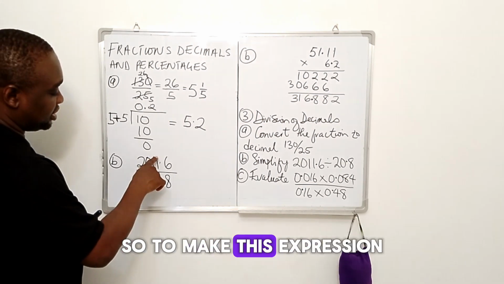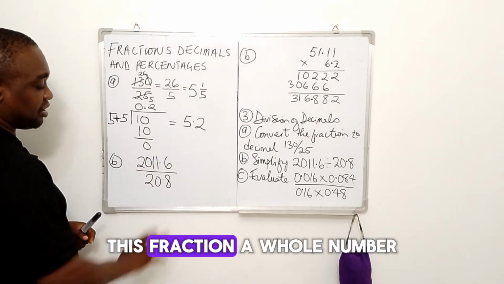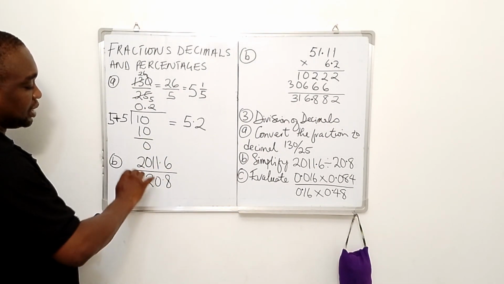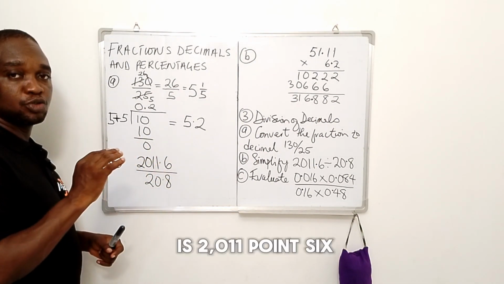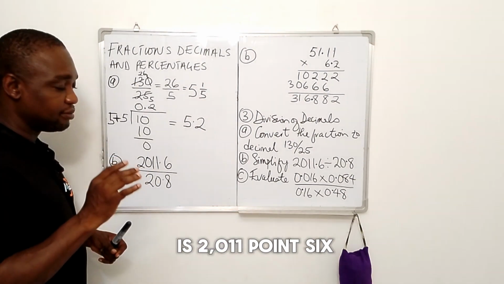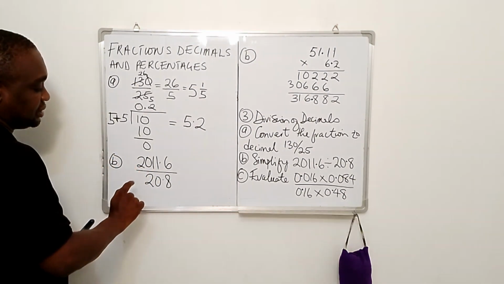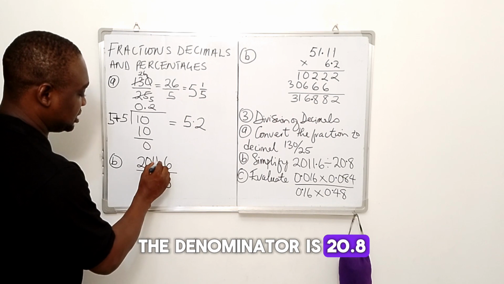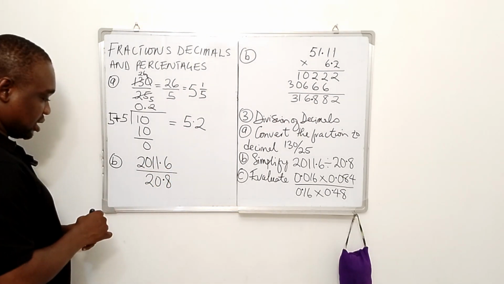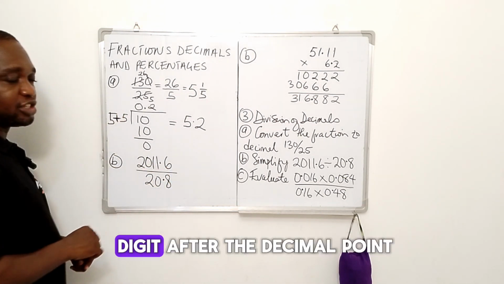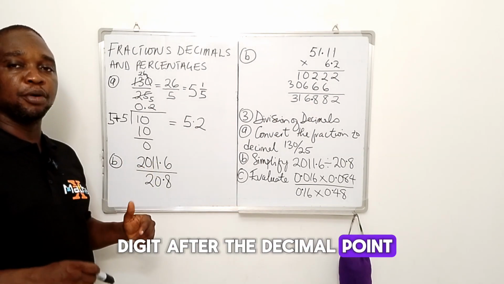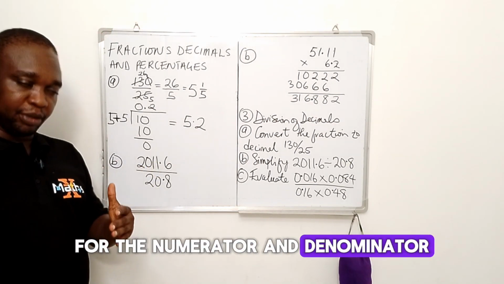So to make this fraction a whole number, of course, the numerator is 2011.6 and the denominator is 20.8. There is one digit after the decimal point for the numerator and denominator.